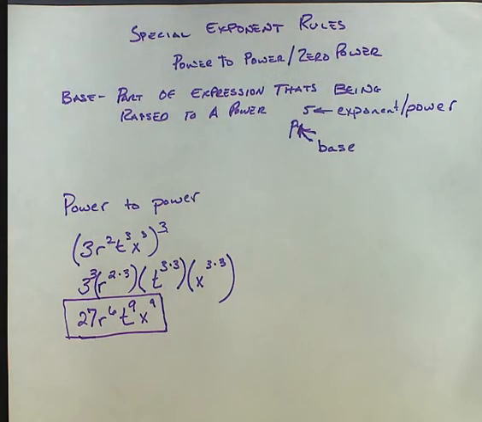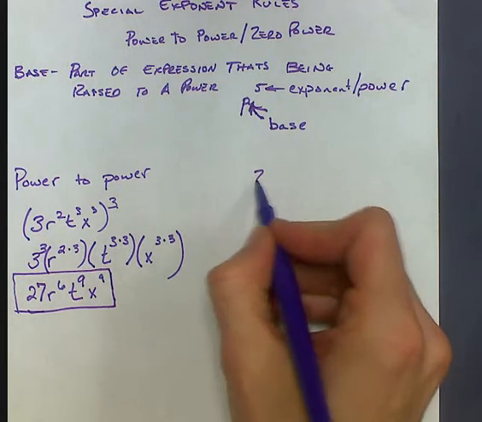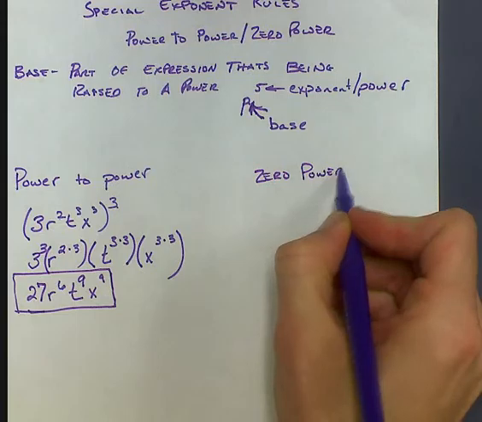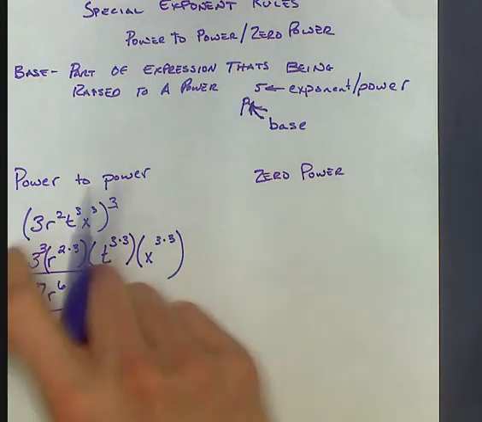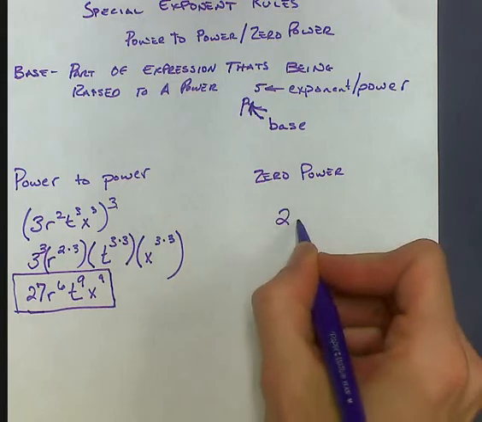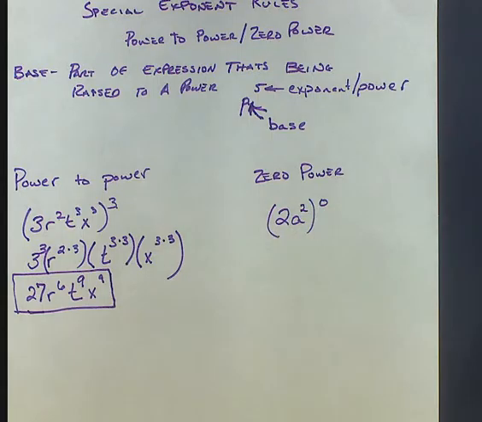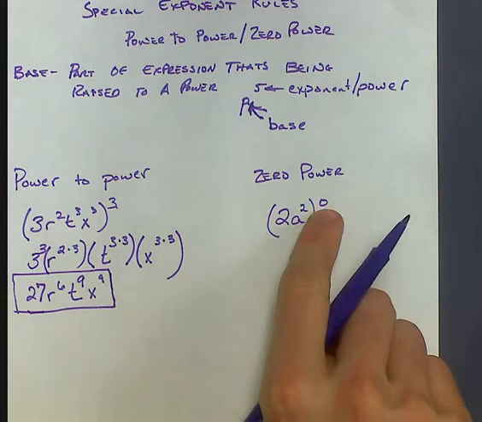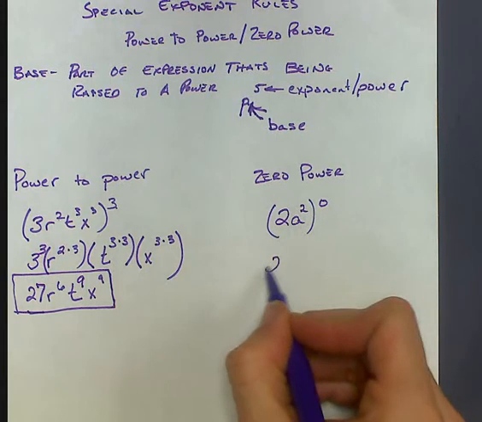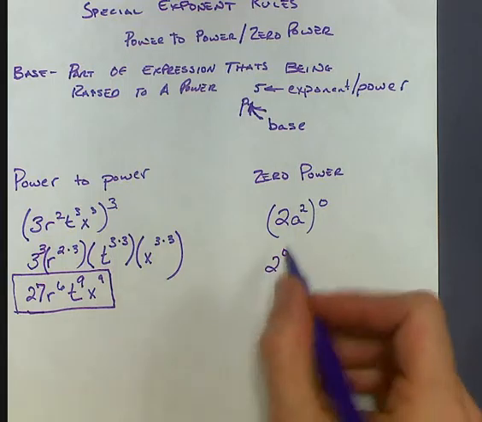Now, the other part that we covered today was zero power. If I were to take what we just learned about power to a power and apply it, except I used the 0 here, I could say that 2 to the 0th power, if I don't have any 2's, I could say that there's nothing at all.